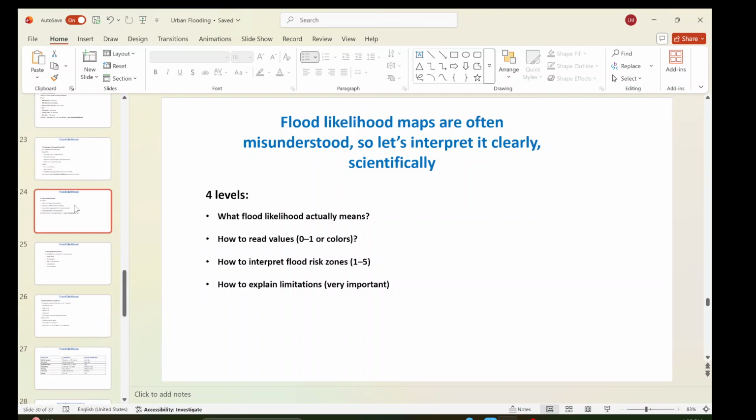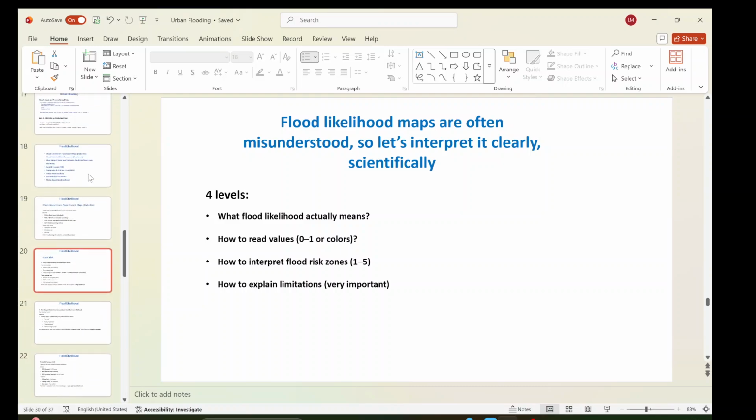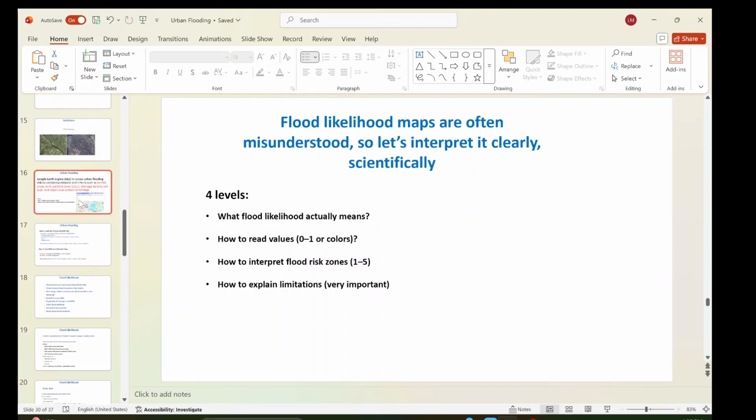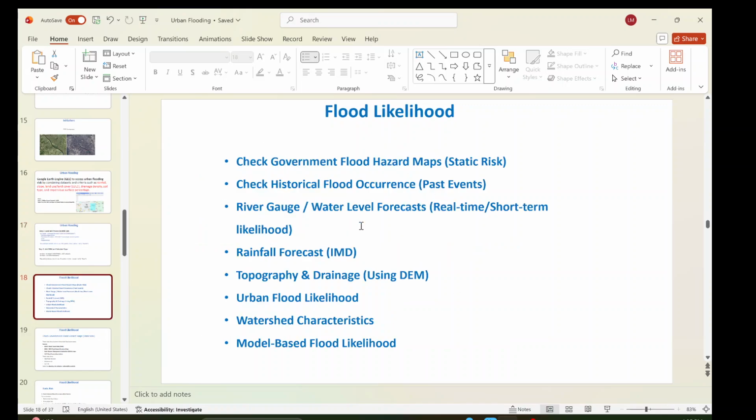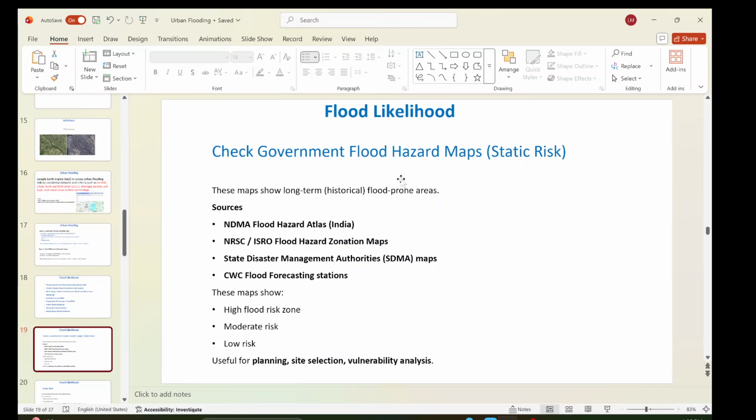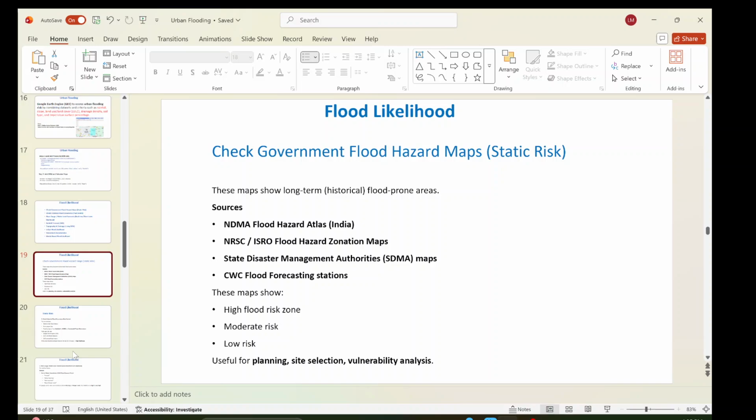Quickly going through what I did earlier: the sources I talked about, like NDMA, NRSC, SDMA, CWC, or if you are in another country, they have different departments.